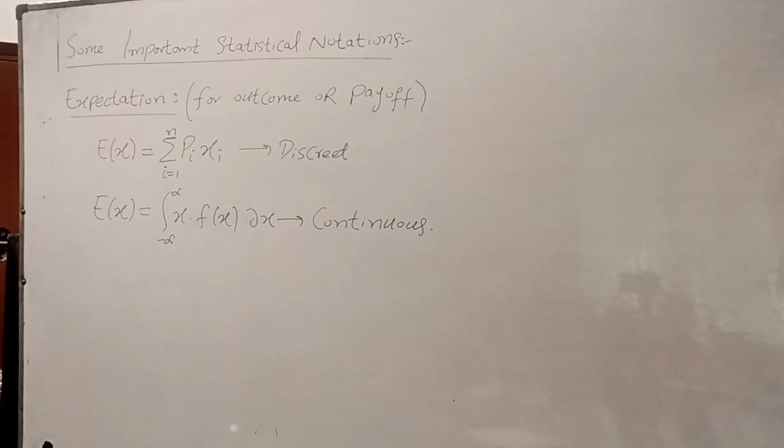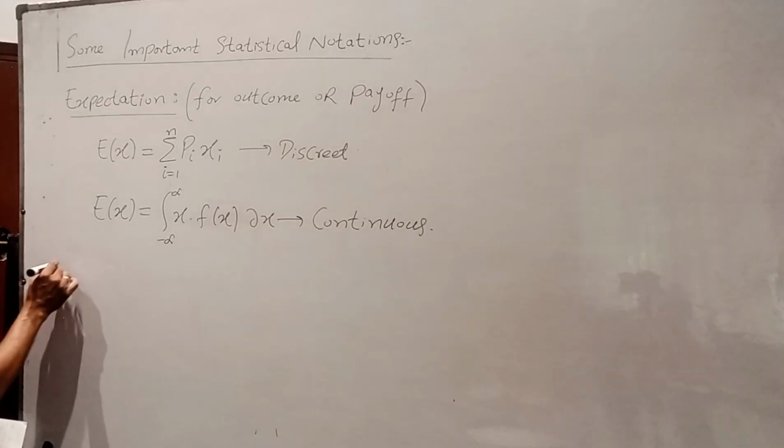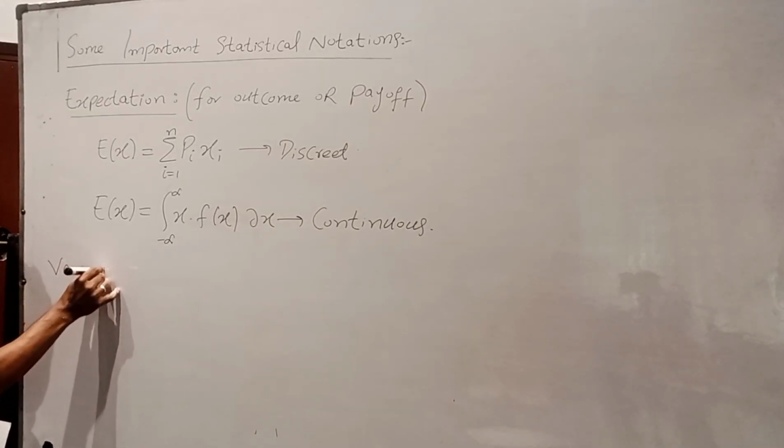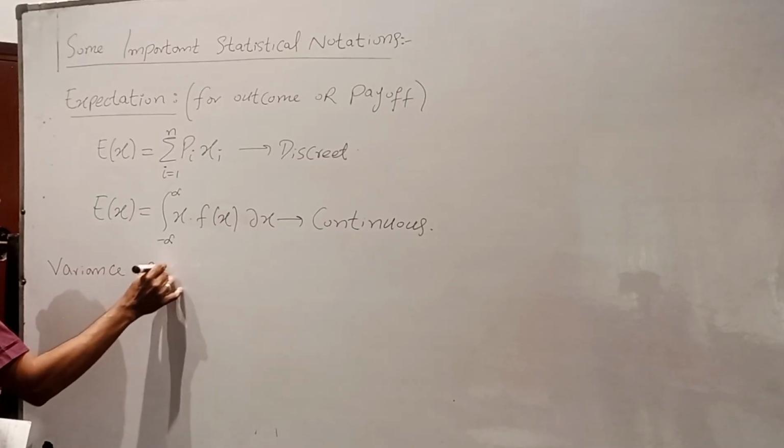So how can you minimize the risk? It means variance or dispersion.